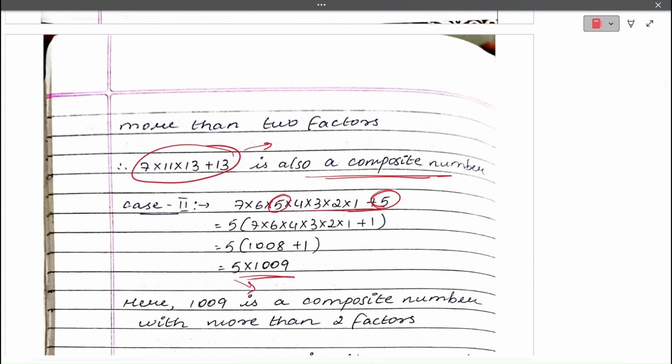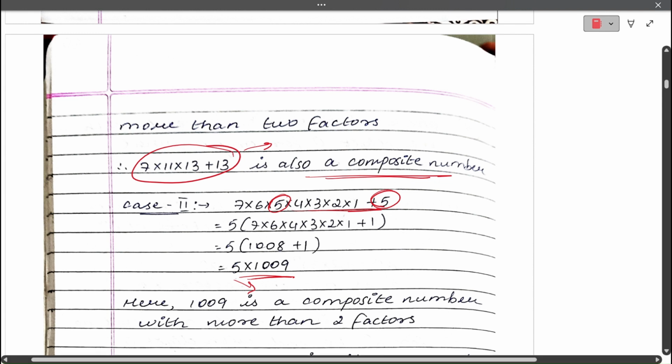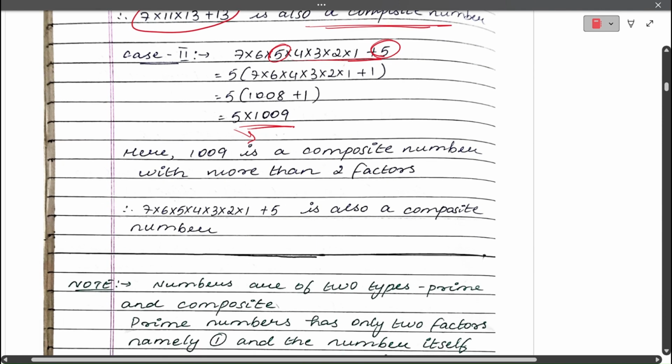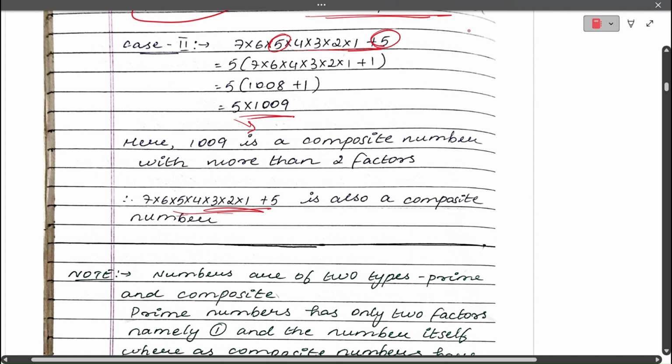When it is having more than two factors, then it is called a composite number. So therefore, this entire expression which gives a number is a composite number. Clear? Any doubts? I suggest the students please do pause the videos and make running notes. Okay? Yes.